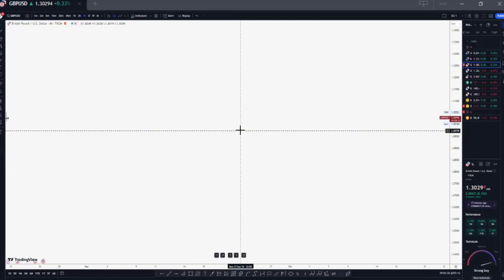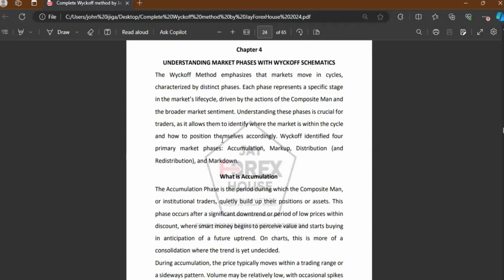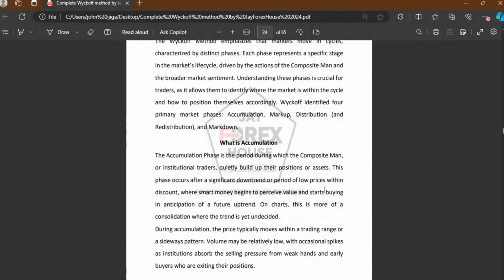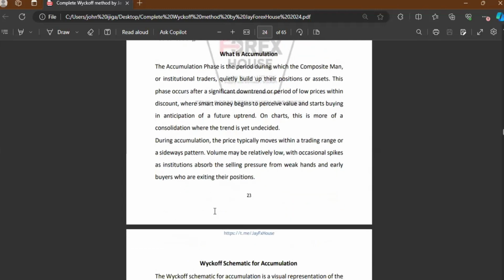One of the files I'll be using to read is the ebook. This is chapter 4 of the ebook. In this chapter, I gave a breakdown of the meaning of Wyckoff accumulation, how you can use this accumulation pattern, how it was found, and the concepts behind it.